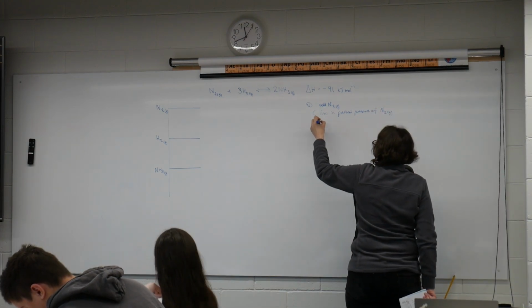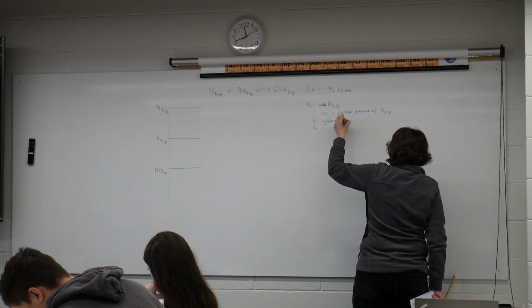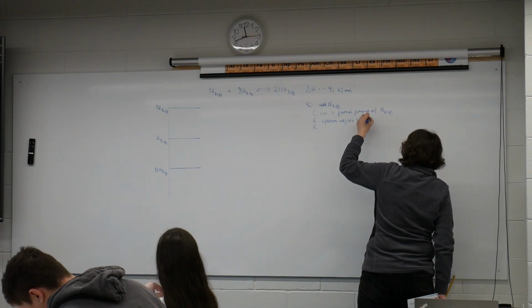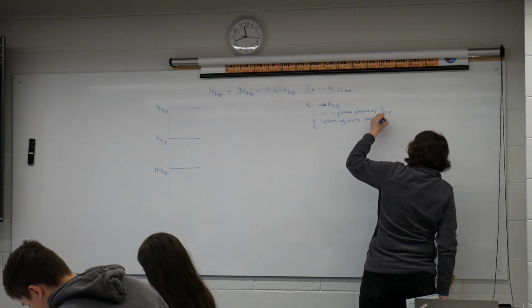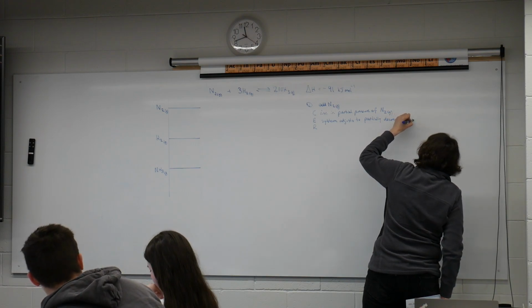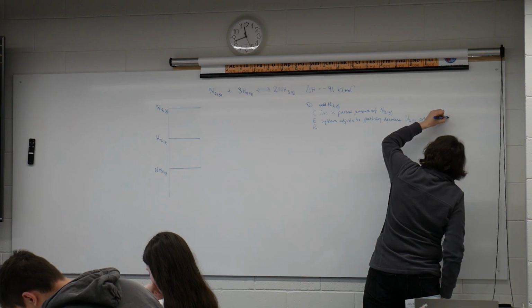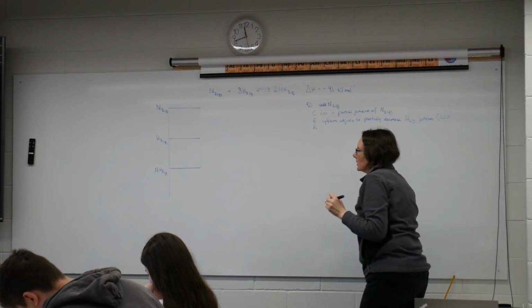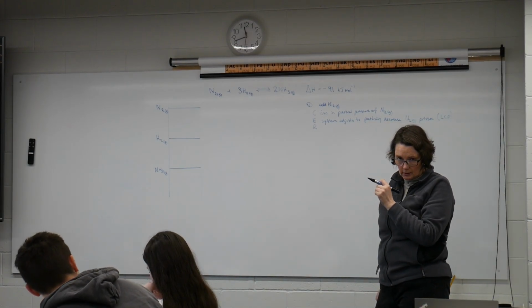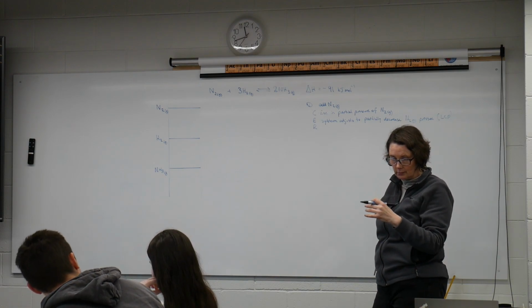The effect will be that the system adjusts to partially decrease the pressure, Le Chatelier's principle. Alright, so that part's pretty easy, don't you think? We just need to recognise the change and then say that the system's going to try and minimise it.